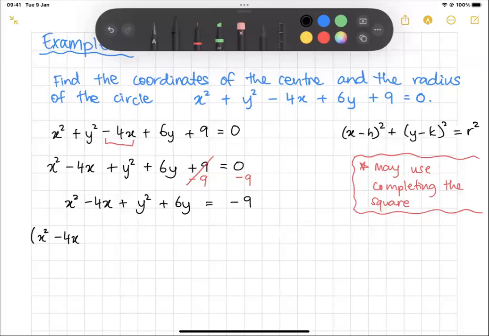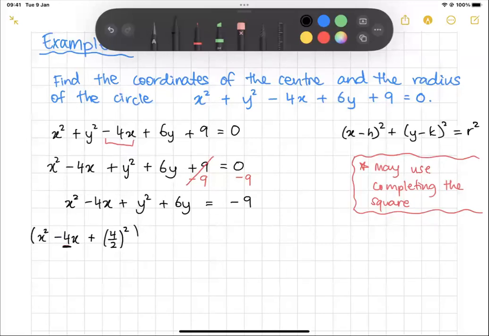To complete the square, I actually need to use that 4 there, and I'm going to divide it by 2. So I'm going to add 4 over 2. I get that 4 from this one here, and I'm going to divide it by 2 and square it.